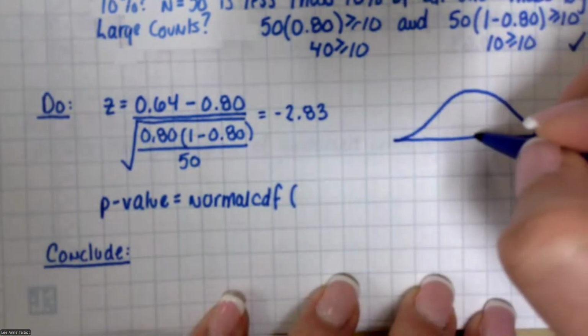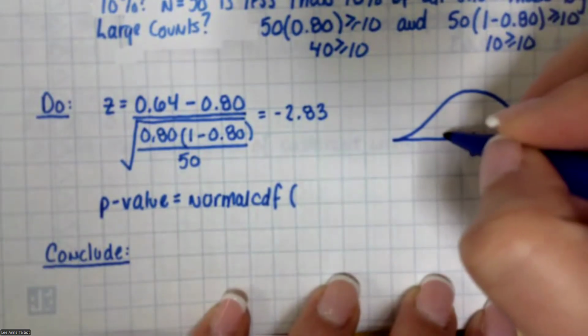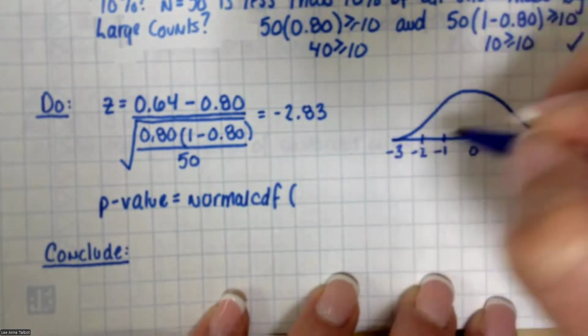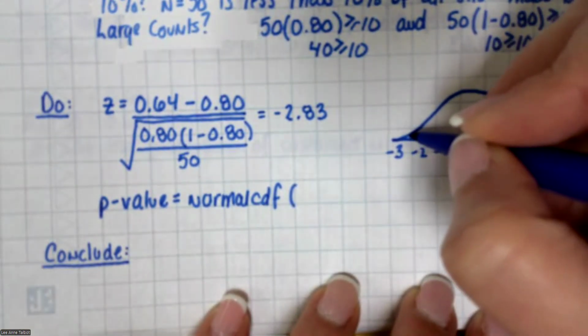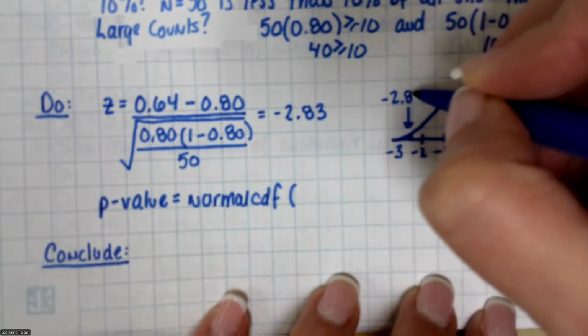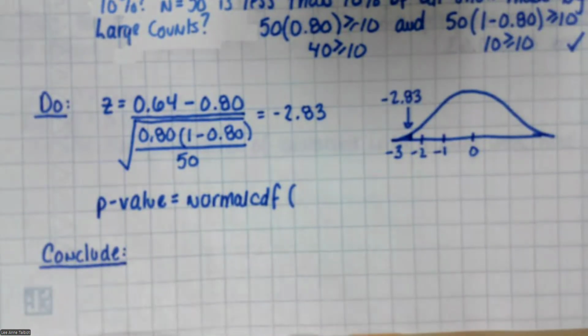So first of all, this is 0, -1, -2, -3. And negative 2.83, I'm just going to make that little picture. I want you guys to see how unusual that spot is.